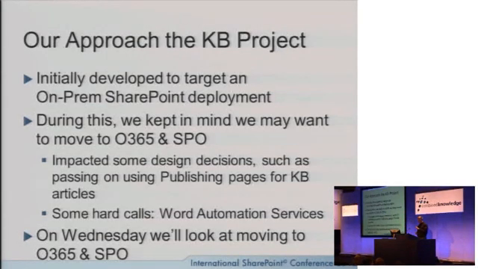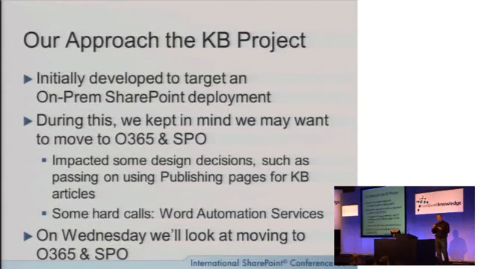Now, if we did build this whole thing, we wanted to keep in mind that we may want to move this to 365 one day. So we said, let's try not to do things that would be a complete dead end if we went in that direction. For example, the guys earlier were talking about publishing, and how we could do the articles as publishing pages.